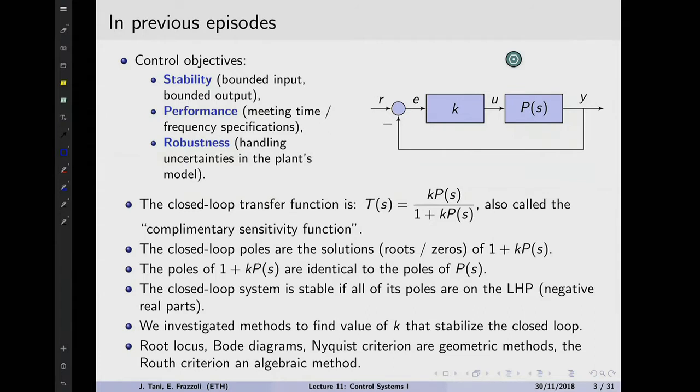But then stability alone doesn't really tell the whole story, because stability is a property of the steady state. We know that eventually the system will tend towards something that is desirable. But what's going to happen in the meantime, right? So we have to care about performance as well. And performance can be intended as, for example, specifications in the transitory of the response.